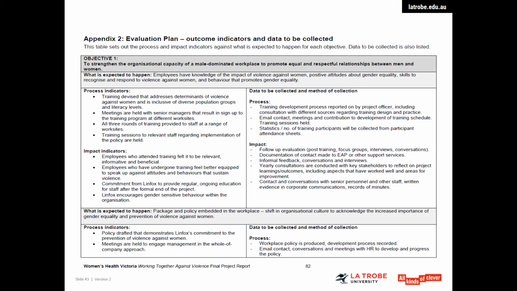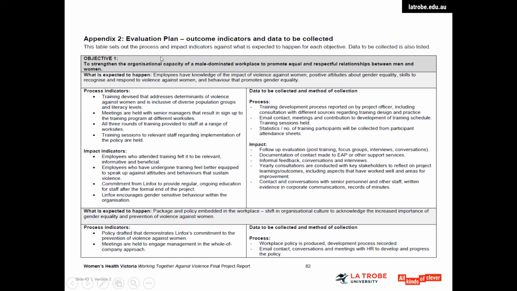You can see here that this evaluation plan looks at the outcome indicators and the data to be collected. It is based on integrated health promotion, but they've also used a program logic. This table is pretty much the same as what we have given you for Assessment 3.